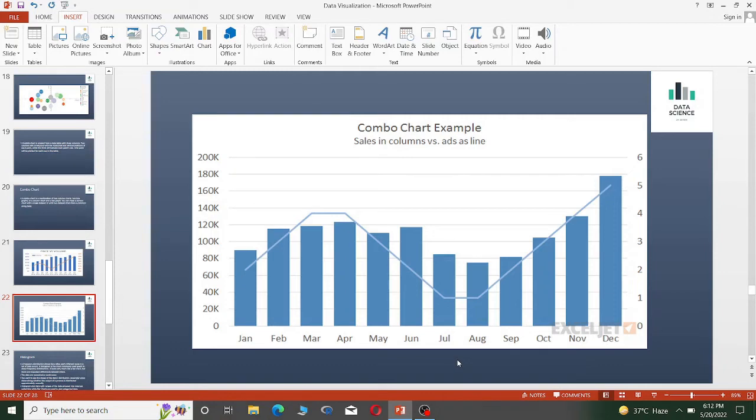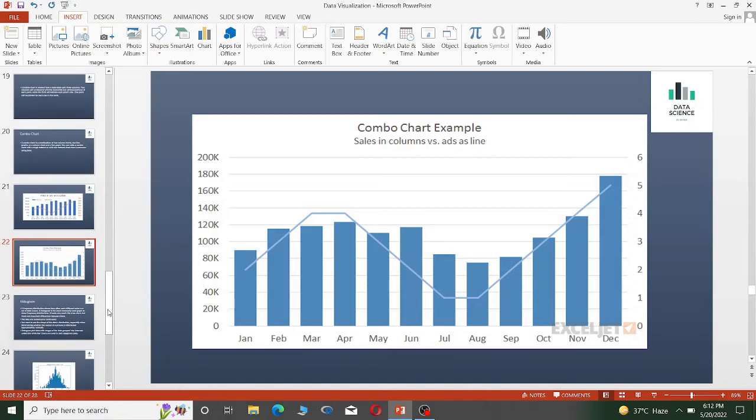For any year, it is a month. Here we interpret it the same as before. For January, sales is around 90K, and the number of ads is around two. This is how we interpret it.